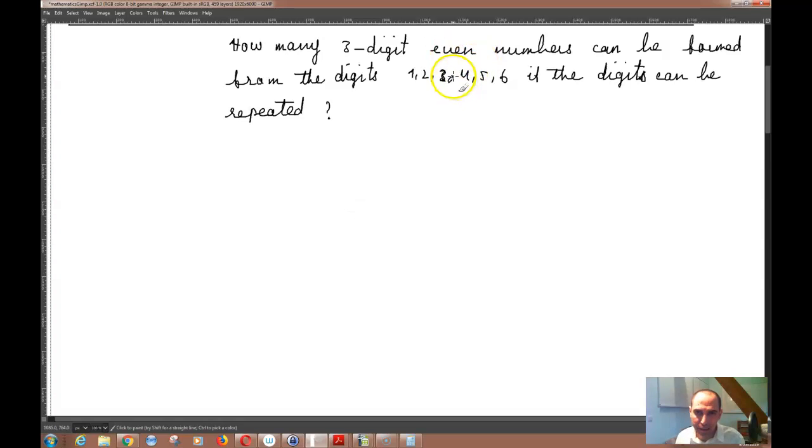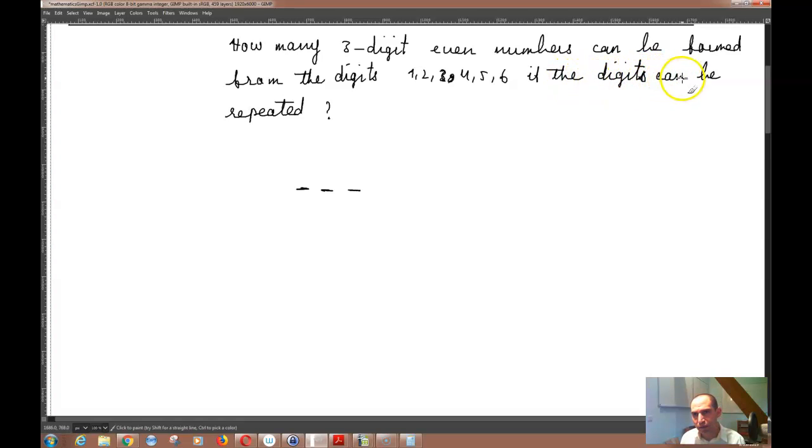So if the digits can be repeated, you want to create these 3-digit numbers out of these 6 digits, right? And you want your number to be an even number. That means that the ones placeholder has to be an even digit, and repetition is allowed.